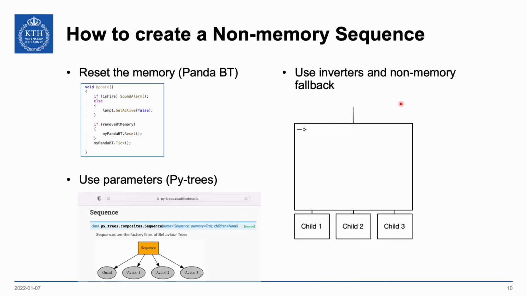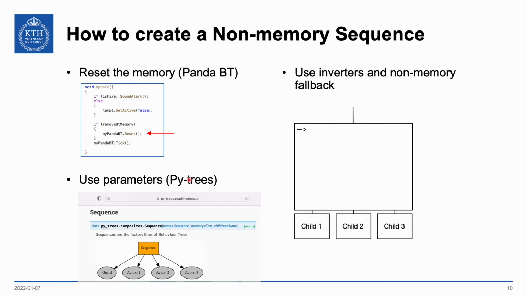So how do we create non-memory sequences if the tool we're using has a default of memory sequences? Well, as we saw in the Panda BT, what we could do is do a reset to remove the memory, and do that every time step of the simulation in the update method.